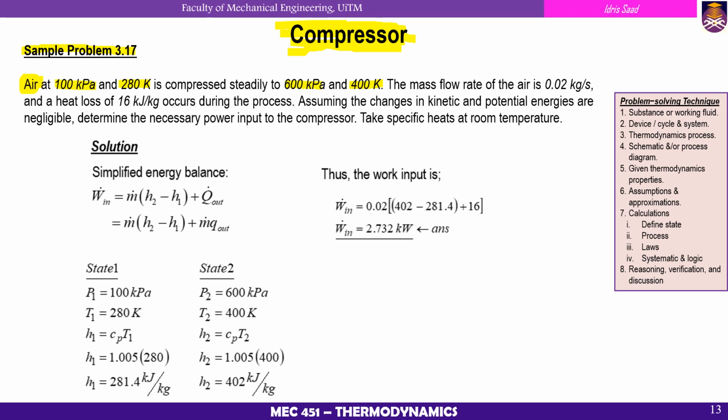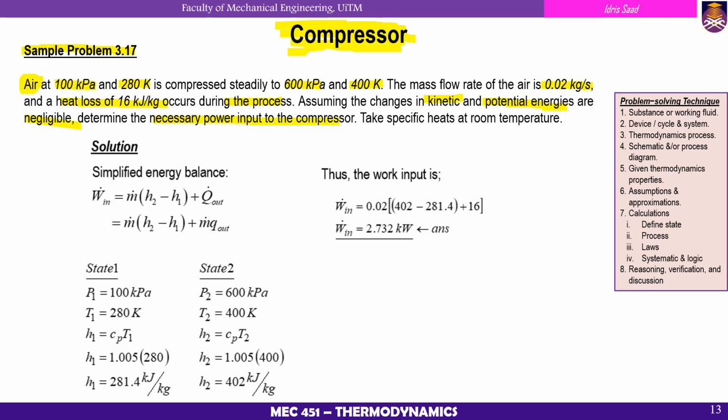The mass flow rate of the air is 0.02 kilogram per second, and please remember the heat loss of 16 kilojoule per kilogram occurs during the process. Assuming the changes in kinetic and potential energies are negligible, the question asks us to determine the necessary power input to the compressor.